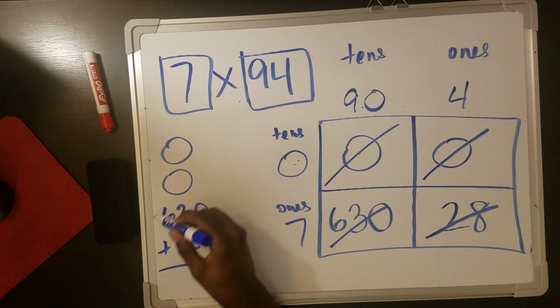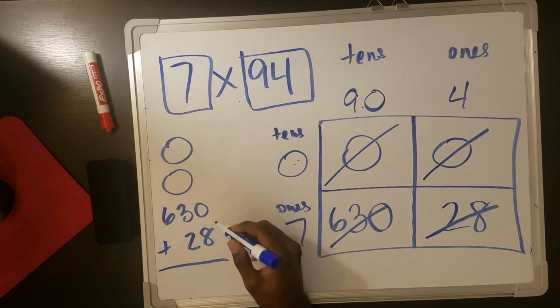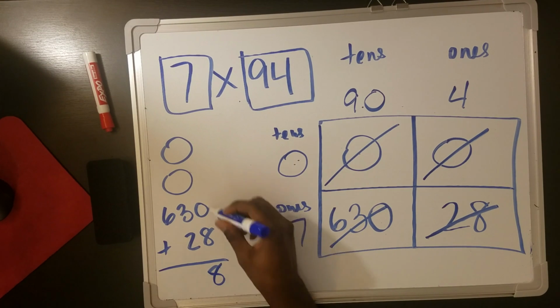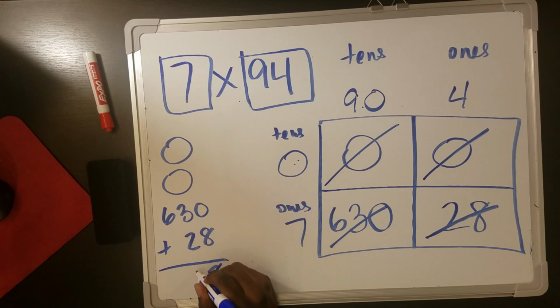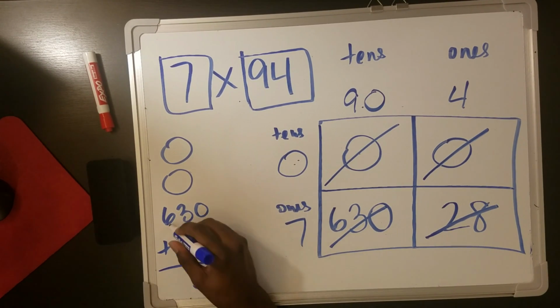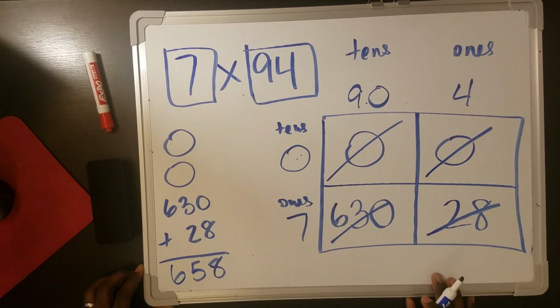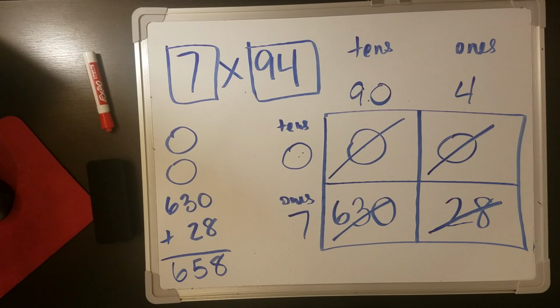This is what we're trying to find here. So 630 plus 28. You have the 8, you have the 5, and you bring down the 6. So you are looking at 658.